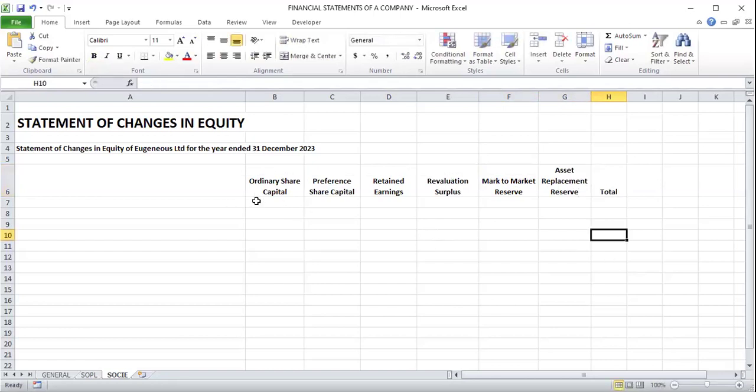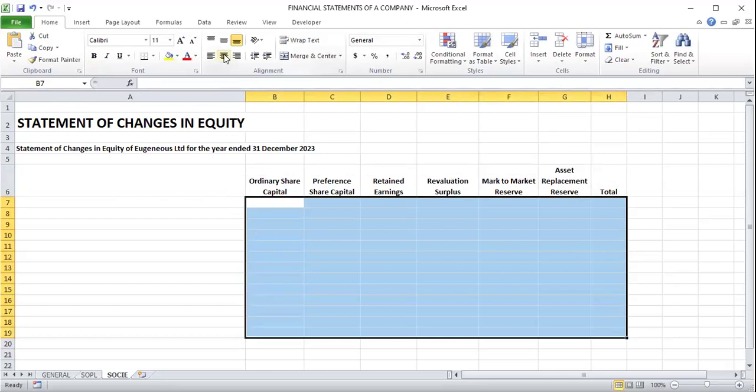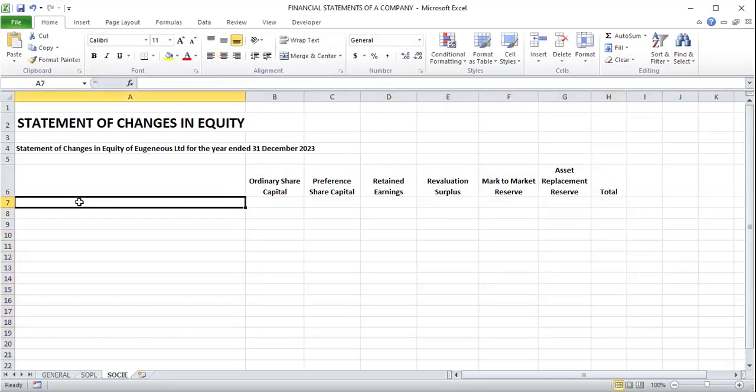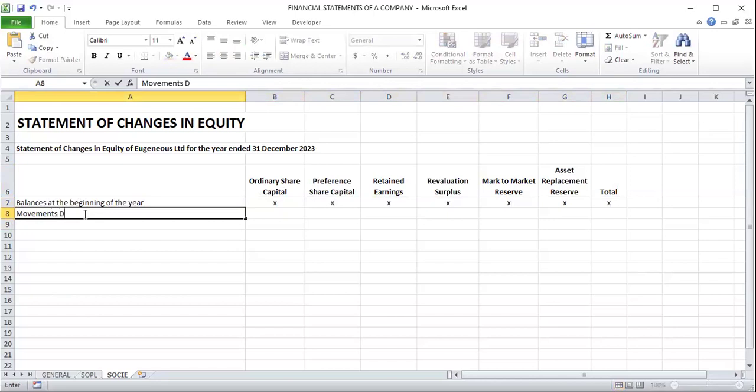Right. We start with the balance at the beginning of the year, which are the balances that are coming from the previous year. Right. So if we had balances from the previous year, then we have movements during the year.